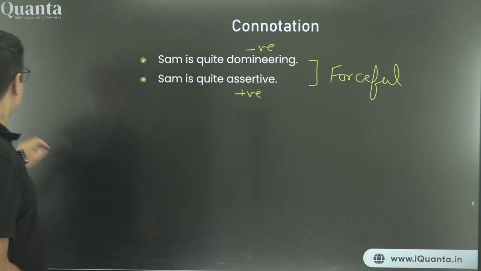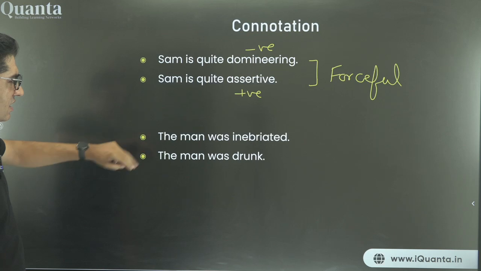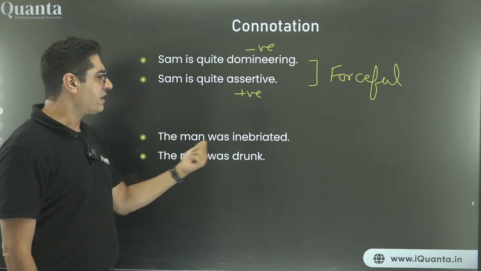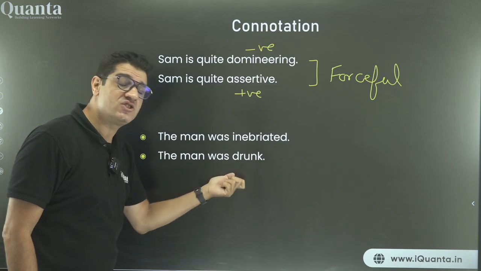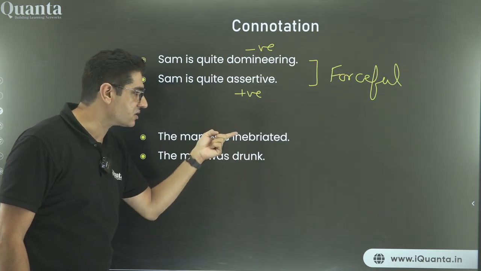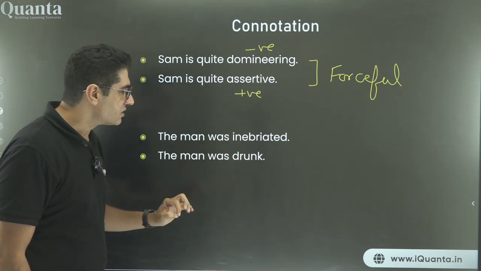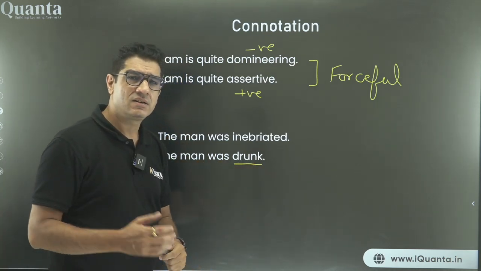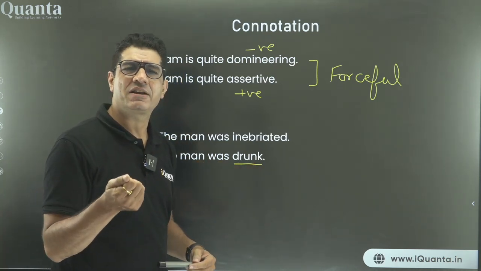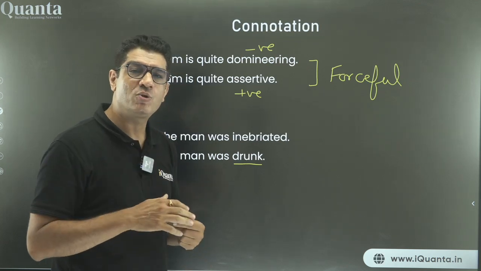Here is another example. Look at this. I can say the man was inebriated, I can say the man was drunk, but what changes with this word? You notice, my attitude shifts. When I call somebody drunk, I am belittling that man. I am looking down on him.